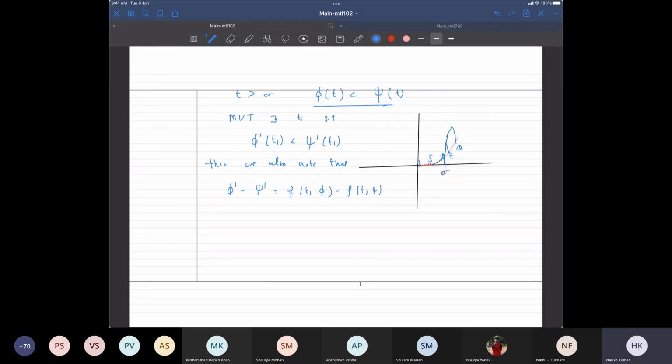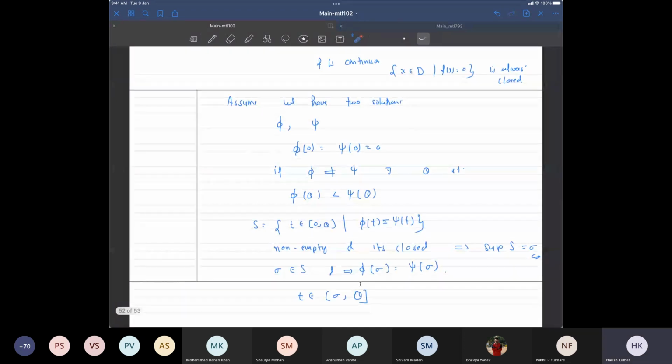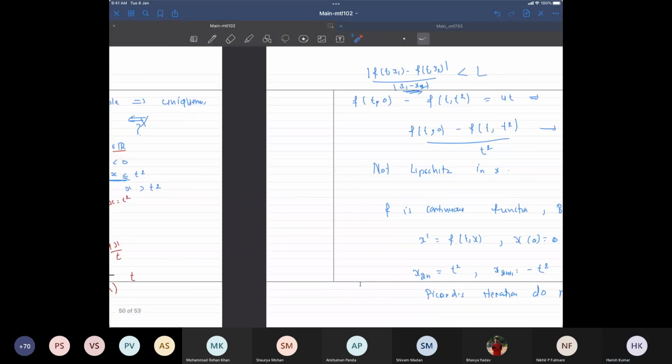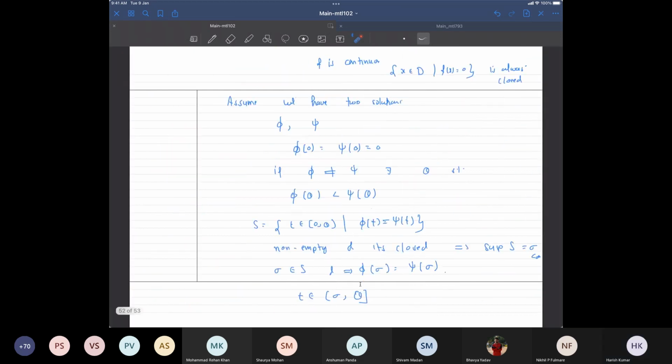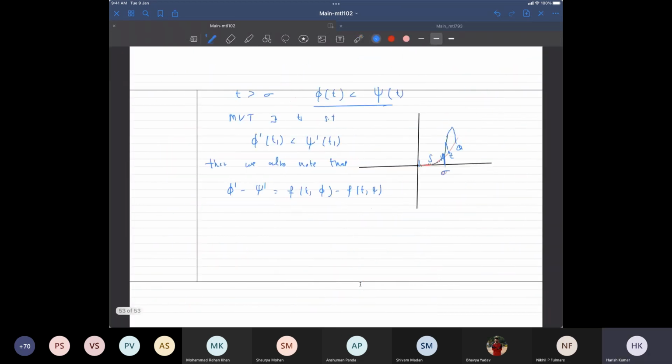Because note that this is bigger than this one, but f is a decreasing function in x. Either it's independent of x or it's a decreasing function in x. So if you are in this quadrant, this will be greater than or equal to 0.